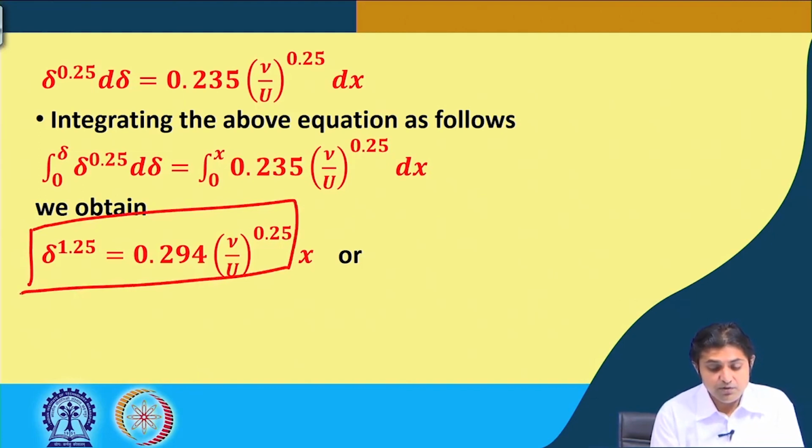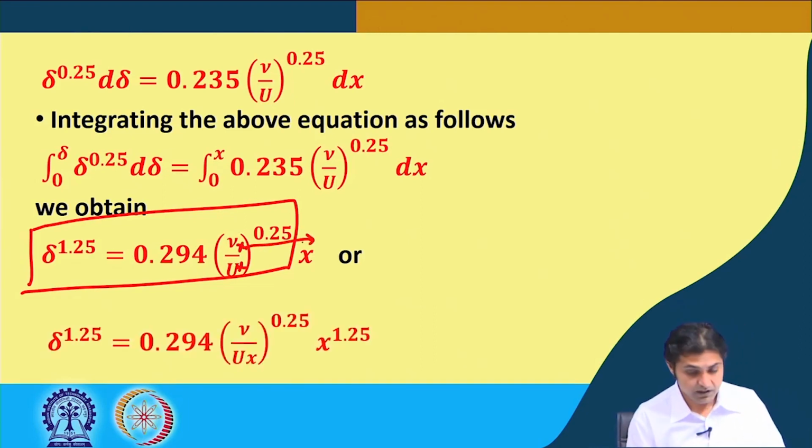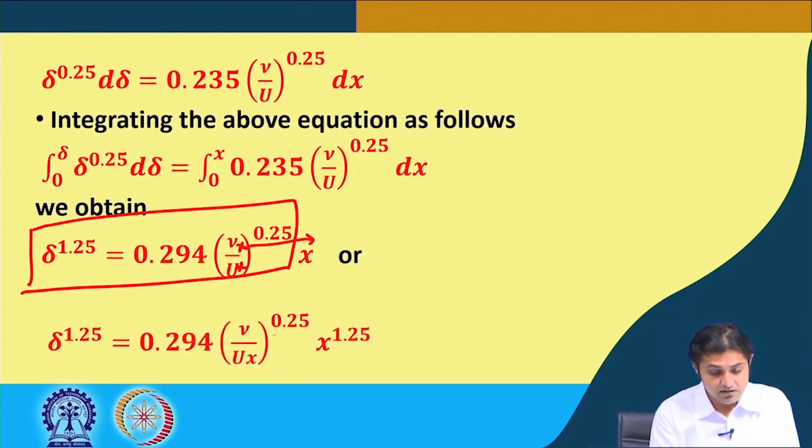Or if we multiply x here, and x here as well and take it out here, we can actually write this x becomes x to the power 1.25. Okay, and this is Reynolds number.